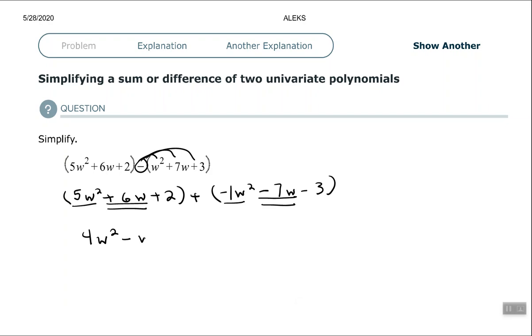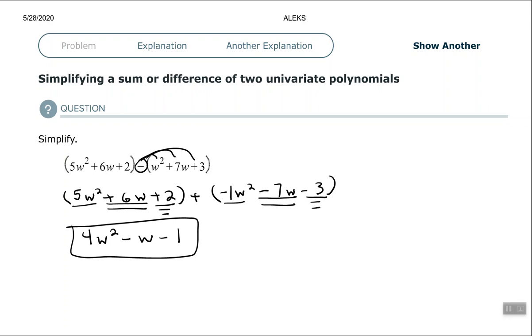Negative, understood, 1w. And then I have positive 2 minus 3. Again, I'm taking away more than what I started with. Taking away 1 more than what I started with, so 2 minus 3 will give me negative 1. So that gives me 4w squared minus w minus 1.